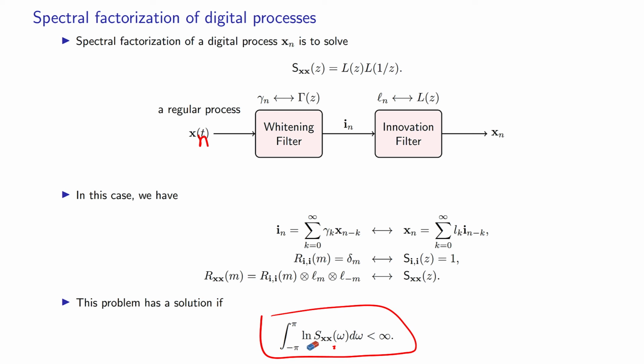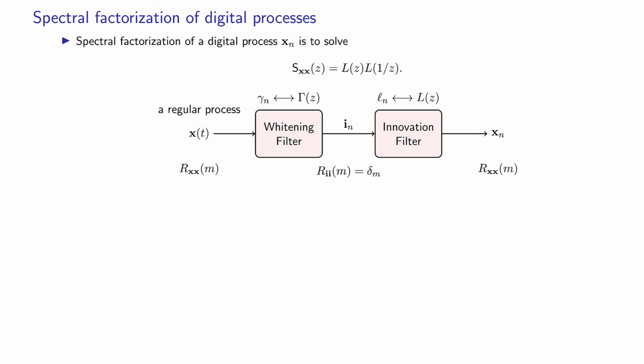Here we don't need to have that one. So if you have this, then you have a power spectral factorization, or your random process is regular. Everything is similar, same concept and same methods.